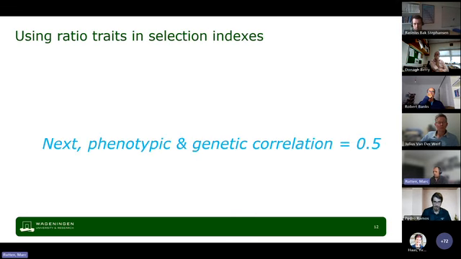So in the first two sets of comparisons, I said that the correlation was close to 0. So now we came up with a scenario where the genetic correlation is 0.5.